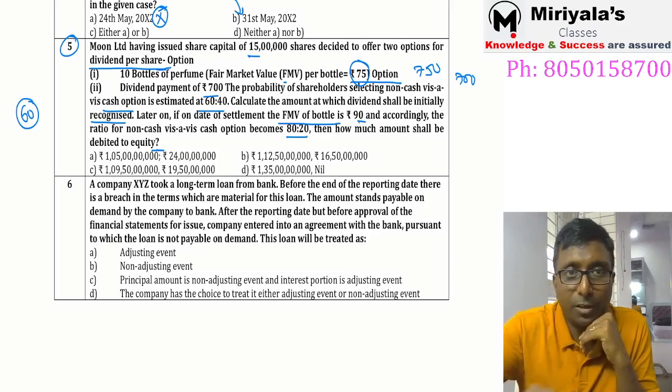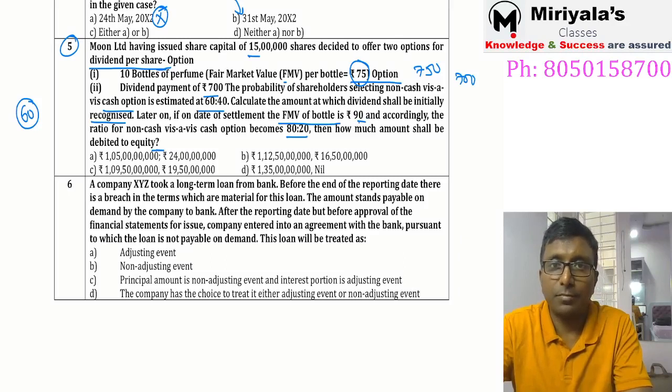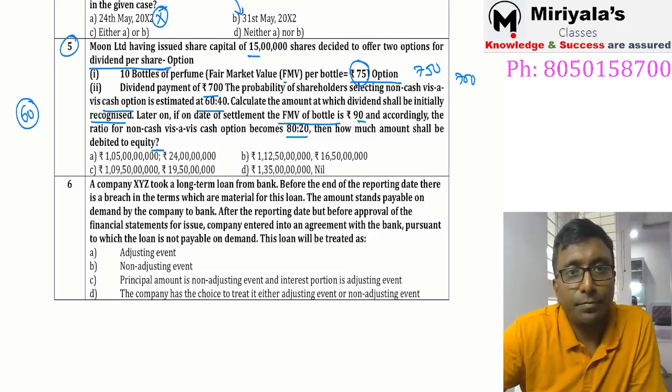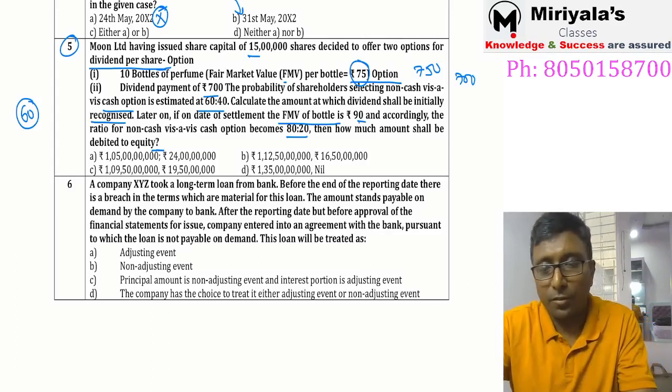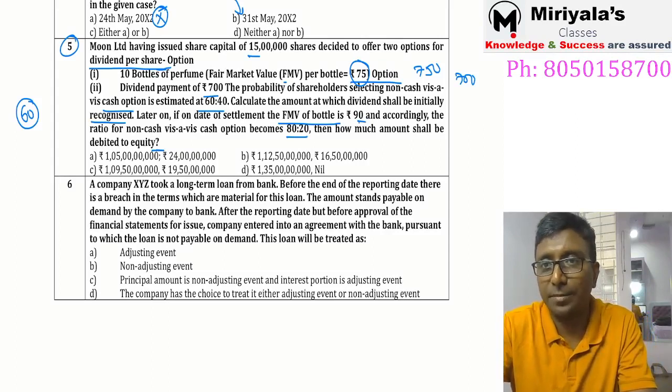Yes. What is the fair value will come, my dear? For the circumstance. What do we do in this case? Just a minute. Wait for a minute. I'll open the textbook, then you will get an idea.